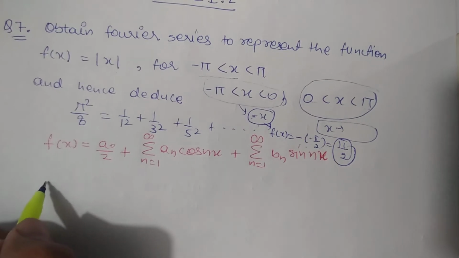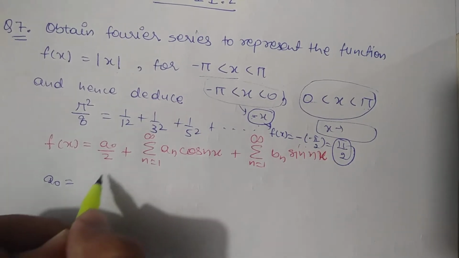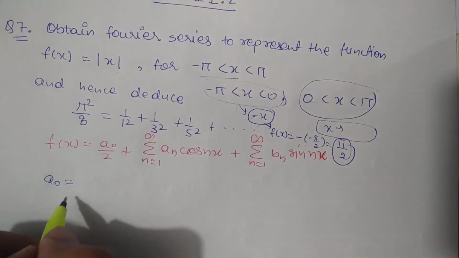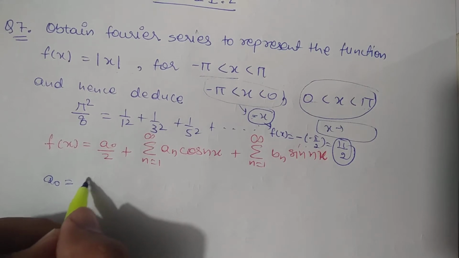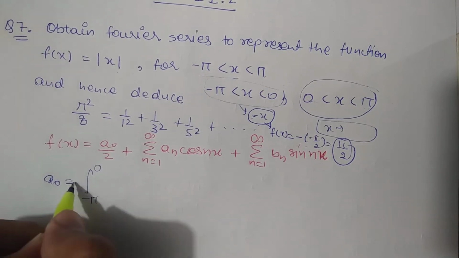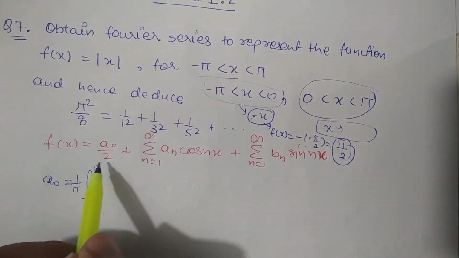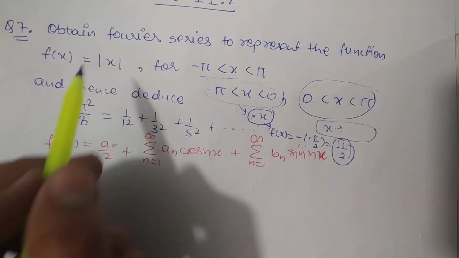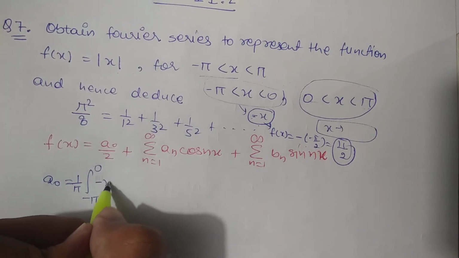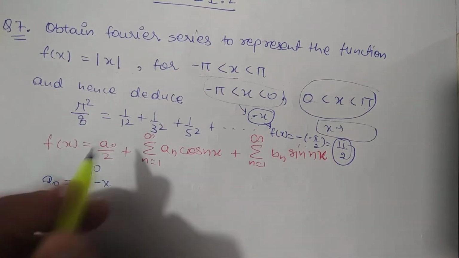So I will calculate the value of a naught by splitting into two sub-ranges, that is from minus pi to 0 and 0 to pi, with 1 by pi outside. From minus pi to 0, mod of x becomes minus x, so the value of the function will be minus x only.